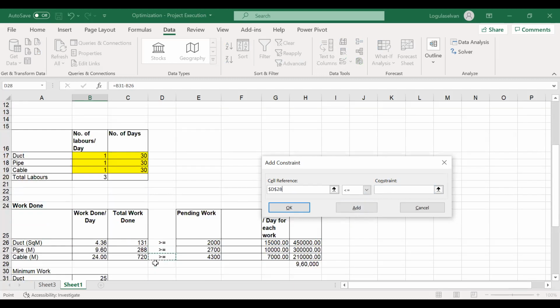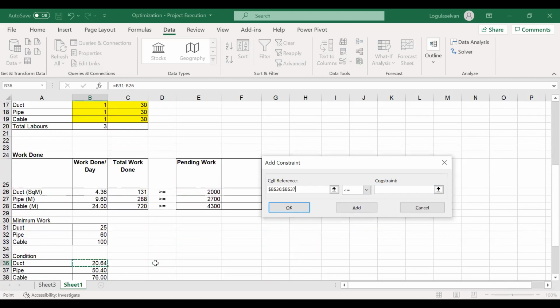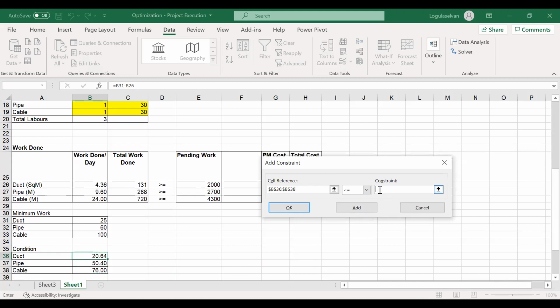Then the minimum amount of work, this condition last time also we have taken as less than or equal to 0. Then this work done we will be considering greater than or equal to the pending work, because if we maintain equal to, we will not get a solution, because here the number of days as well as the labors are integer as per our condition.